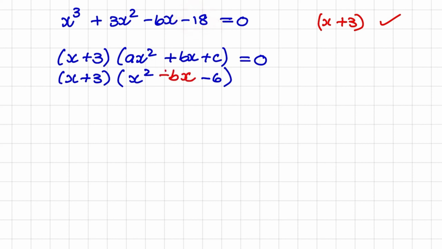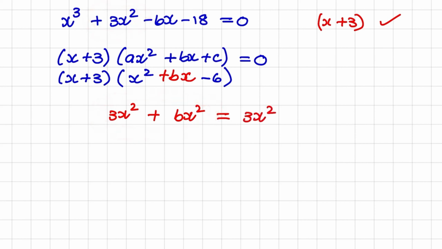And we need to do a separate calculation for the middle term. So 3 times x squared would be 3x squared plus x times bx, and that will be bx squared. And if I compare those with our original expression, it must also be equal to 3x squared.